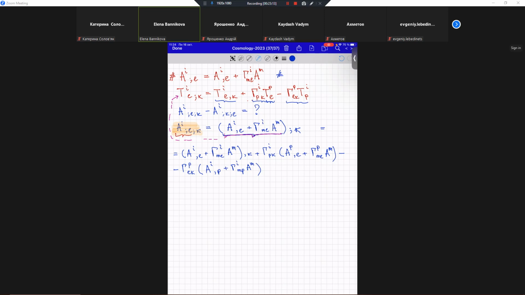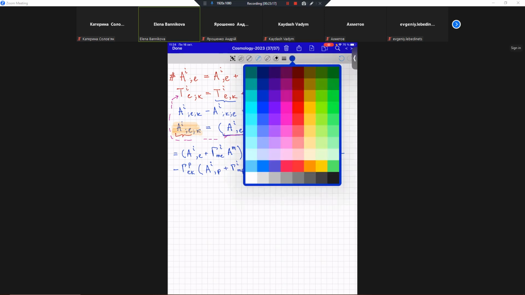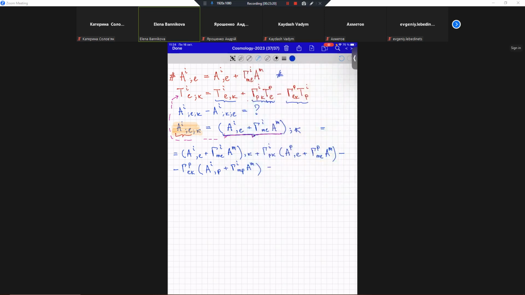And in principle, if you look, this is like this. After this, we need just to open parentheses. So the first one, it means that we have A_I derivative L derivative K plus here the derivative of the product.